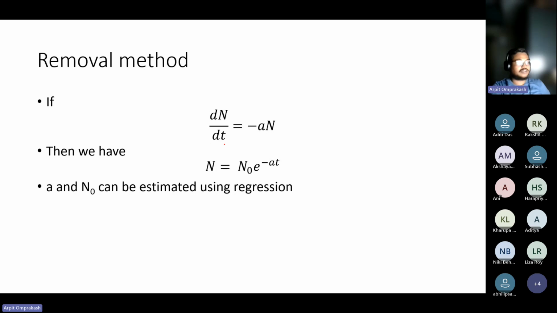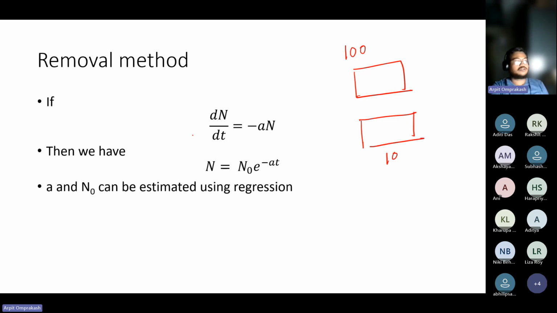So the rate of removal here, dN/dt, will be proportional to the number of individuals at any given point. If you have, let's say, 100 individuals in a given area, then you are more likely to catch or remove more animals compared to if in the same area you have only 10 animals.